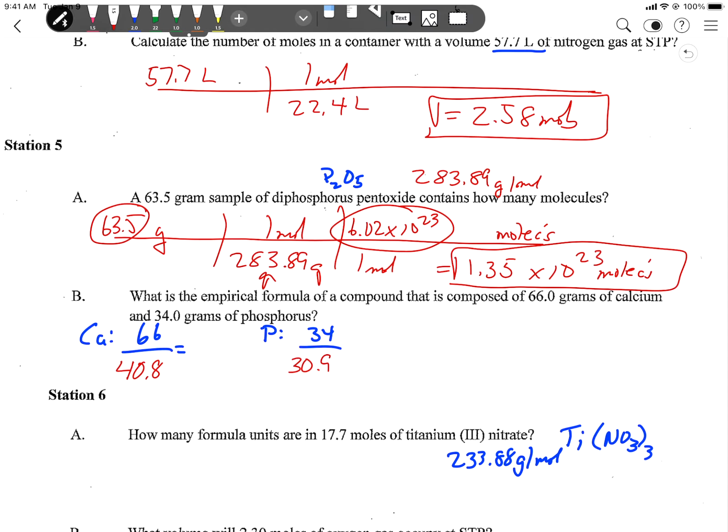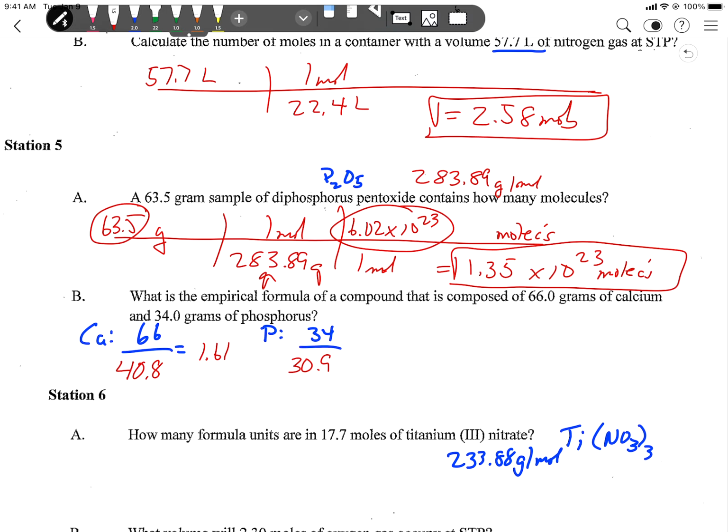We divide 66 by 40.08. 66 divided by 40.08 gives us 1.61. And 34 divided by 30.9, let me do that again.